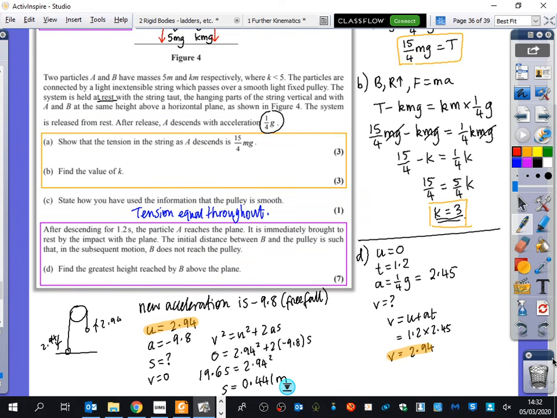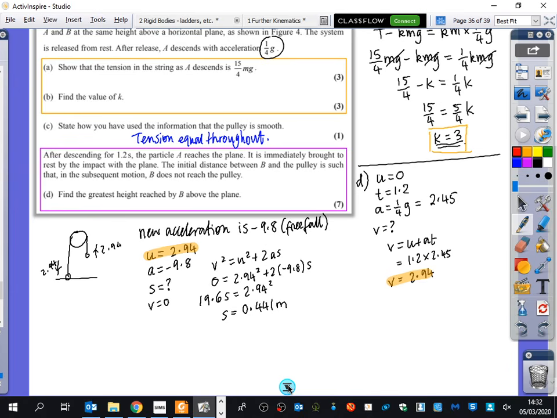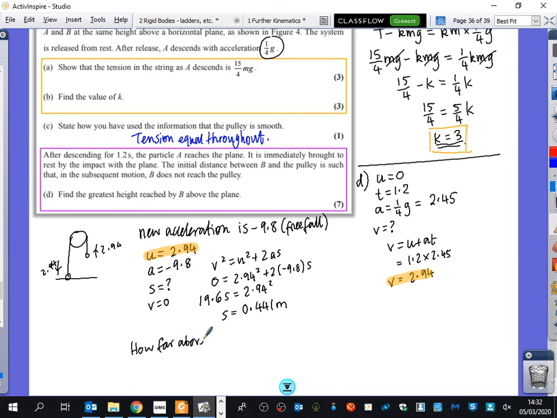So the last thing we need to do is how far above the plane. Yes, they were both at the same height. How far above the plane were they? Well, we're looking for what s is. Remember that the acceleration was 2.45. We knew it started from rest, and it took 1.2 seconds to hit the floor. So the distance above the plane is s equals ut plus a half at squared.